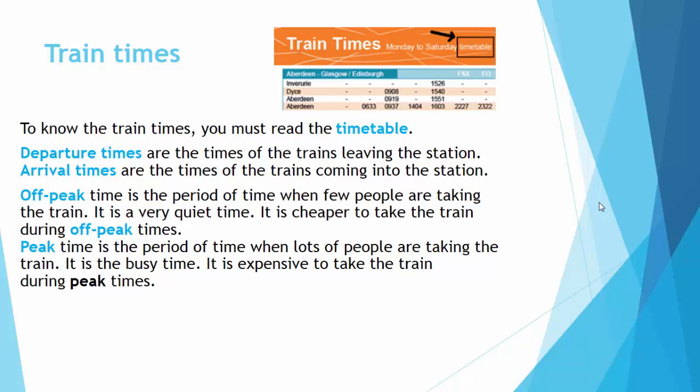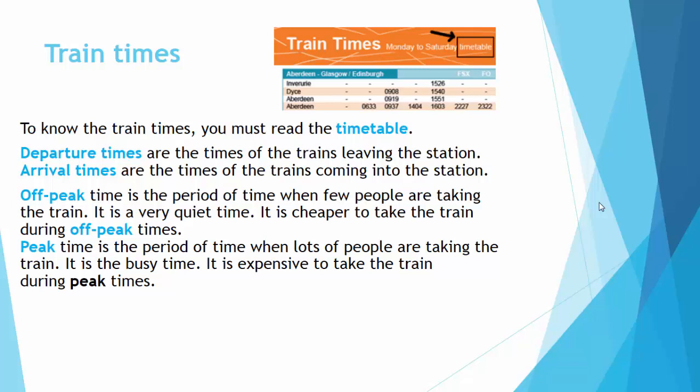Train times. To know the train times, you must read the timetable. Departure times are the times of the trains leaving the station. Arrival times are the times of the trains coming into the station. Off-peak time is the period of time when few people are taking the train.